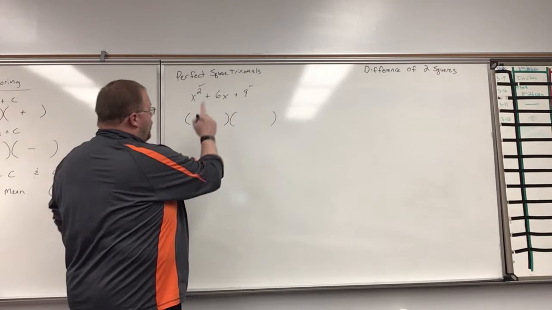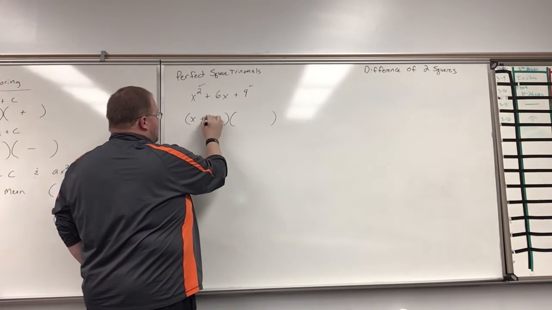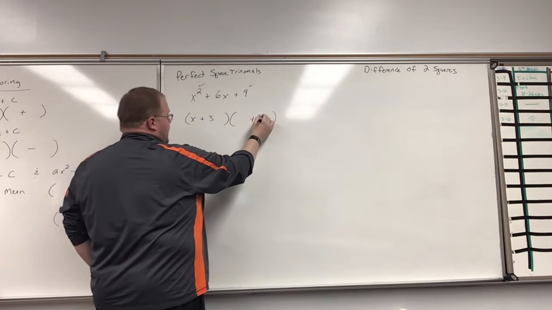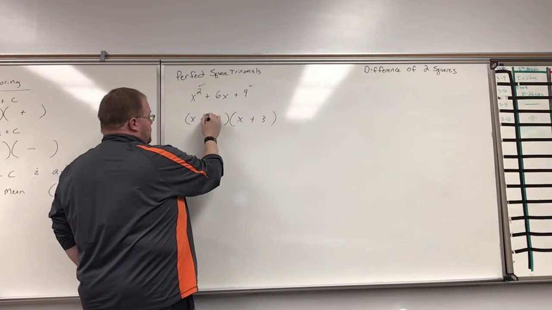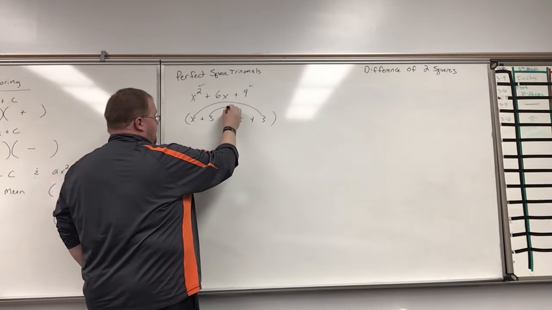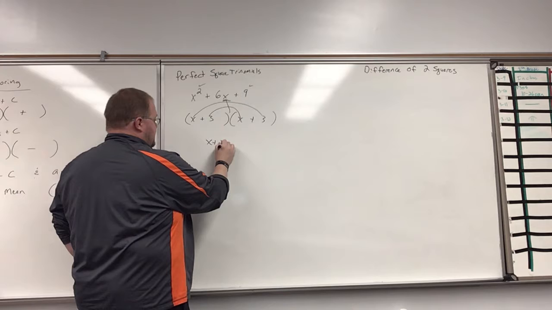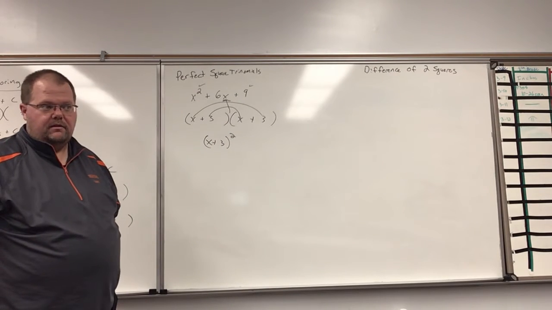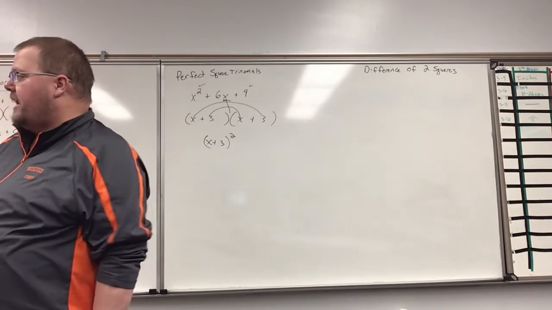So now we know that it could be x plus 3, and we know that it's plus plus, x plus 3. 3x, 3x, 6x, I've got it, x plus 3 squared. Not hard, but you've got to be able to recognize it.